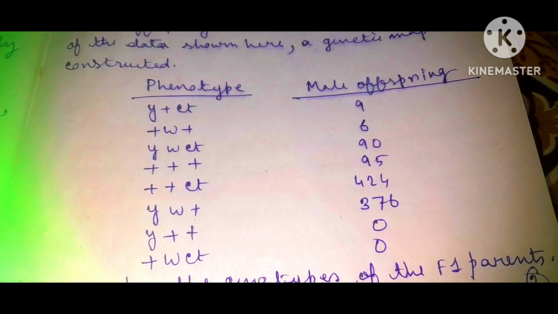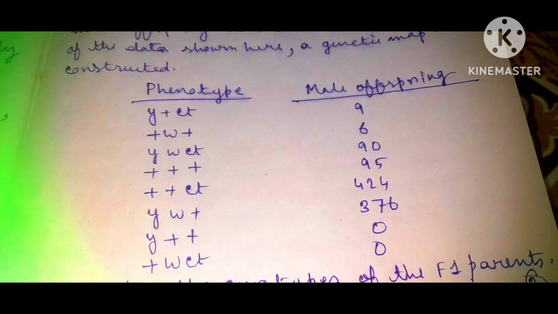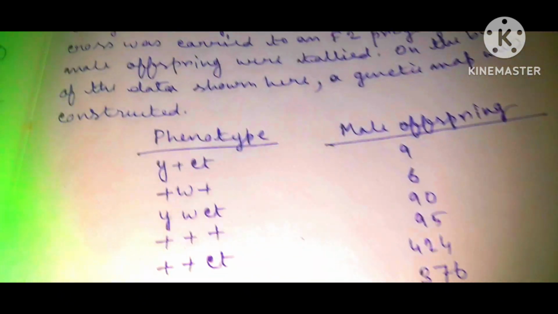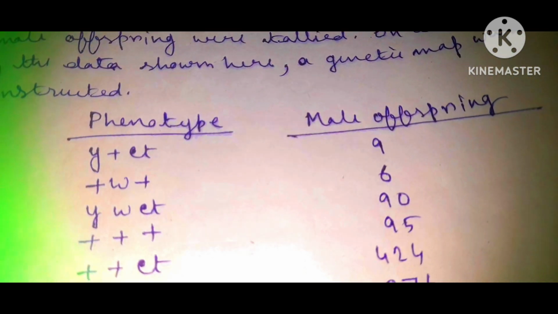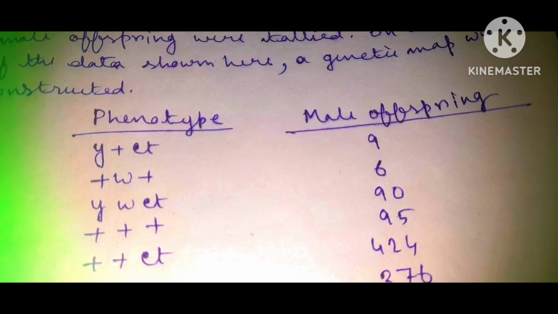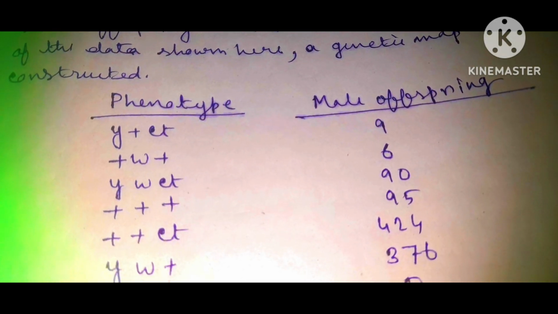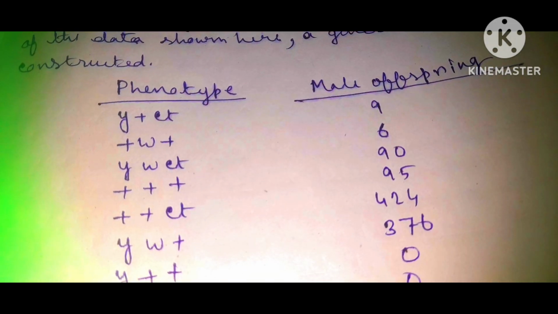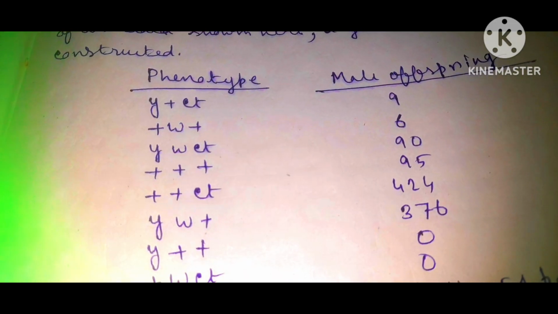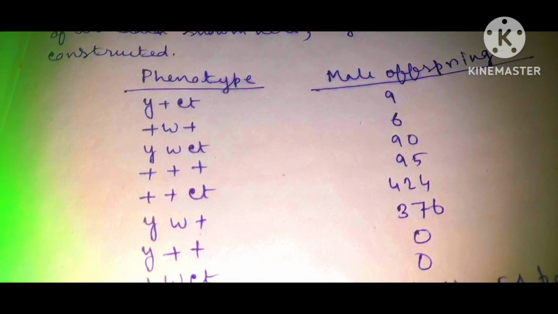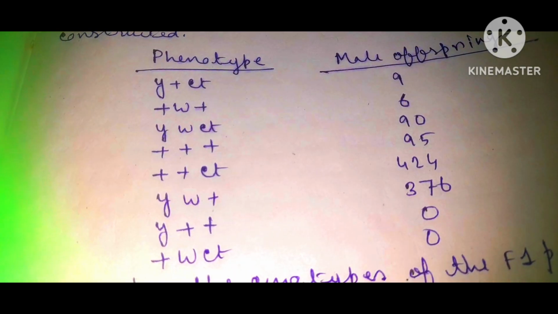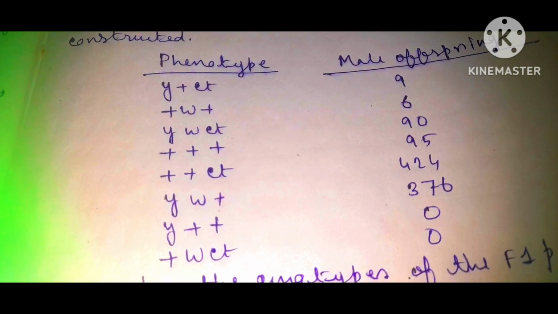On the left hand side is the phenotype and on the right hand side the male offspring: y+ct 9, +w+ 6, ywct 90, +++ 95, +ct 424, yw+ 376, y++ 0 and +wct 0.